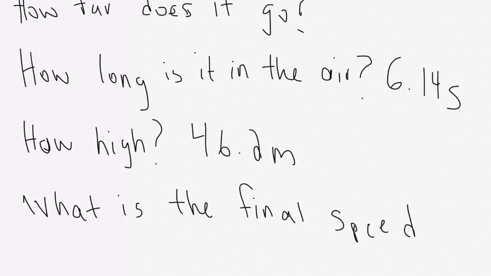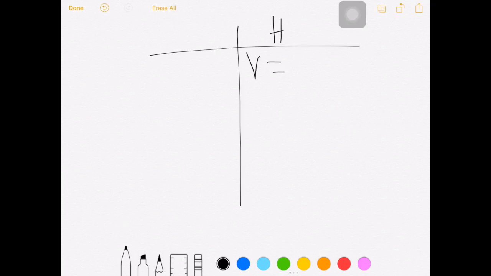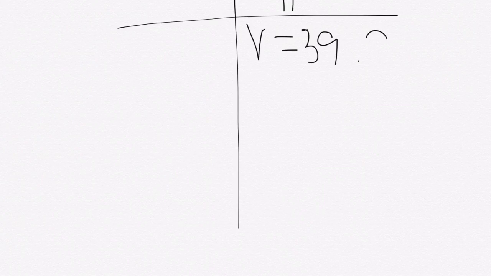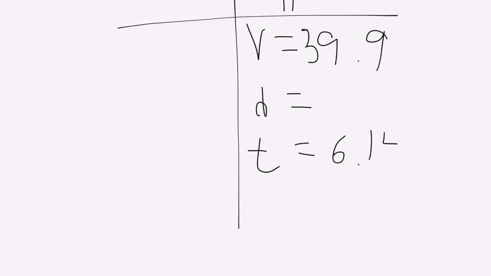For the next one, we find how far does it go, which is the horizontal distance. For the horizontal distance, the velocity was 39.9. Distance we didn't know, but we found the time, which was 6.14.